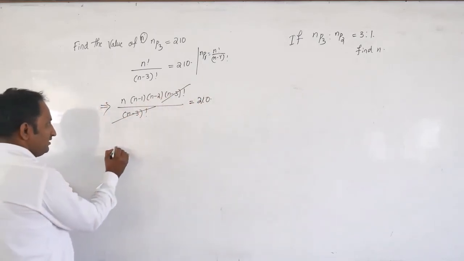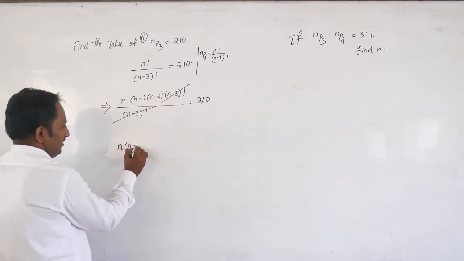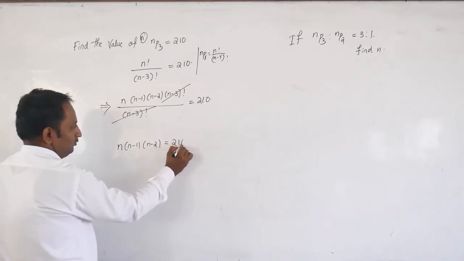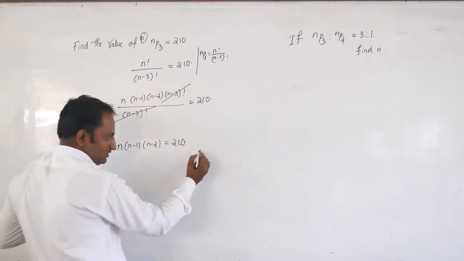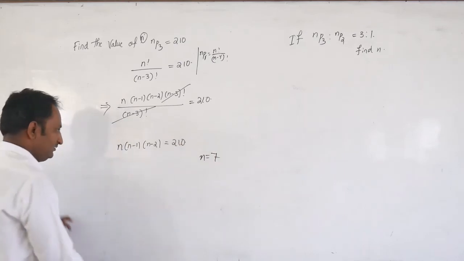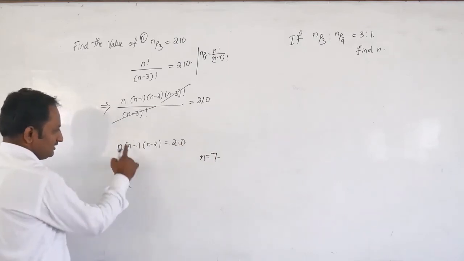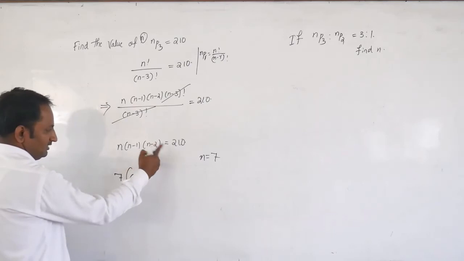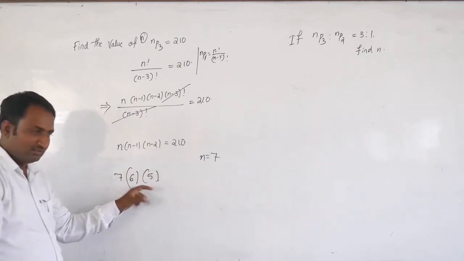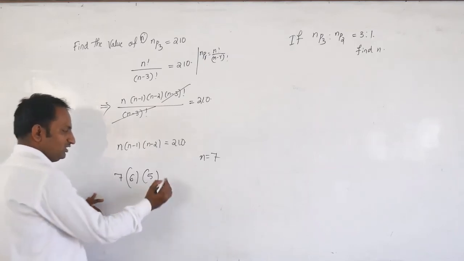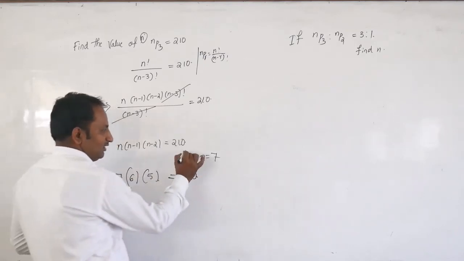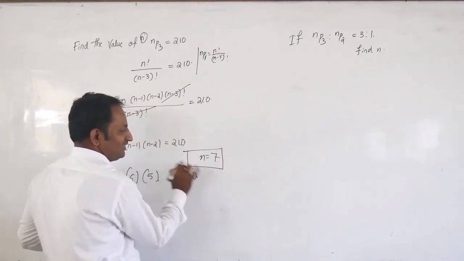That implies n into (n minus 1) into (n minus 2) is equal to 210. Suppose n is equal to 7. 7 into 6 into 5: 6 into 5 is 30, 30 into 7 is 210. That confirms that the n value is 7.